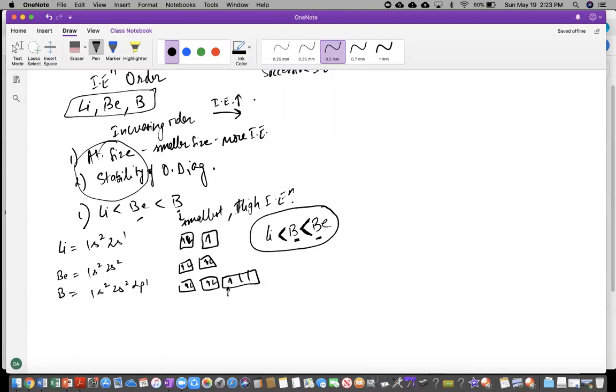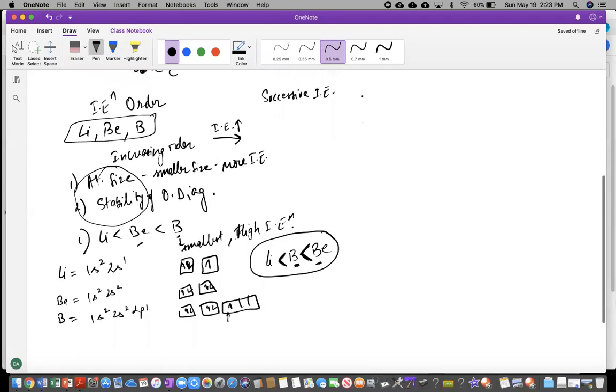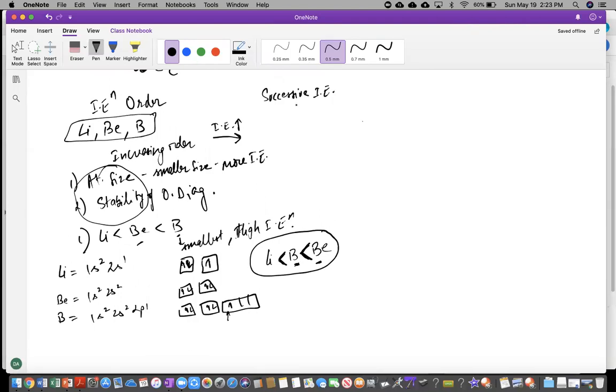Now, the second type of question that you're going to see is the successive ionization energy type of question. Let's say I give you in the question, and you can find more questions like this on your multiple choice worksheet, some data saying that we are in period number 3.